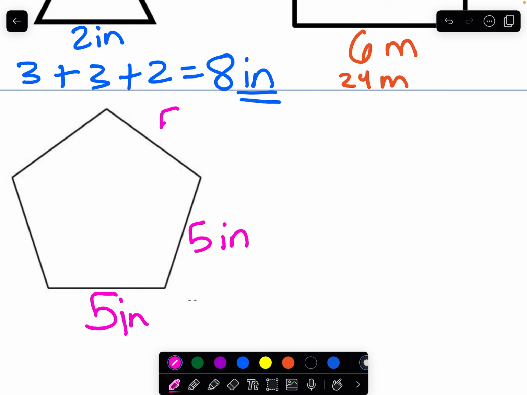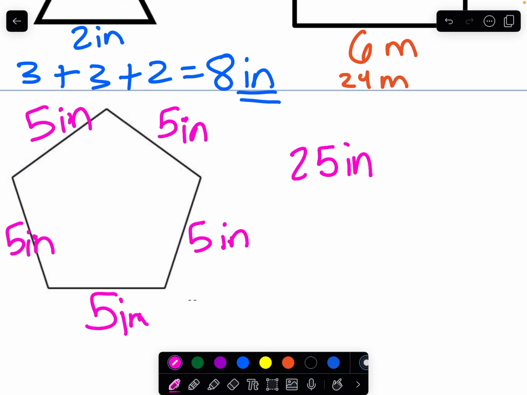Here we notice that all the sides are the same length, but that's not always the case. Here I can do 5 times 5, because there are 5 sides, and that gives me 25 inches for the perimeter. And that really is all there is to it.